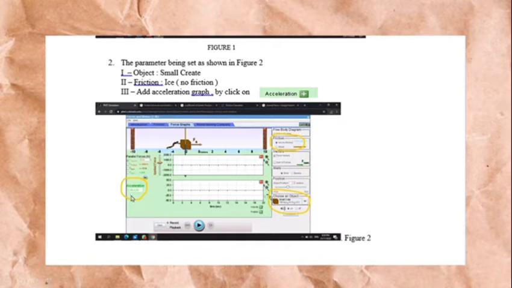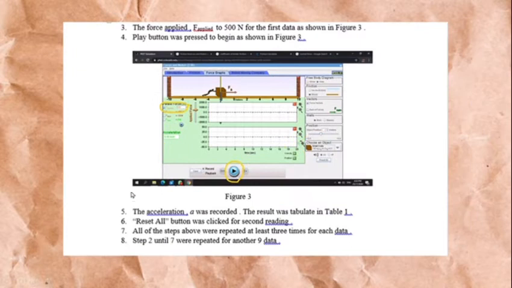And also the acceleration radar. Then for the first data, we are going to apply 500 Newton for the applied force. After all of the parameters have been set up, we can press the play button to begin the simulation.